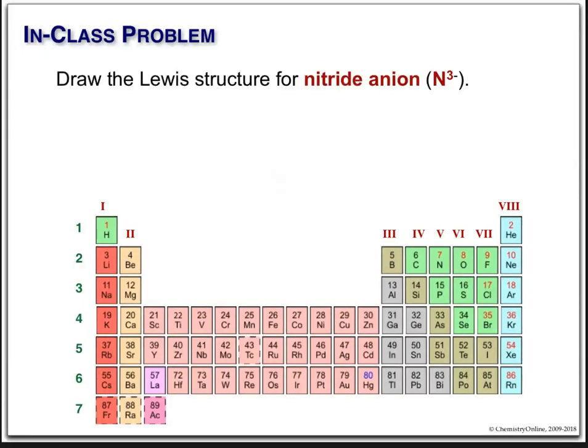Do nitride. First of all, find nitrogen. Right here. This one's in group 5, right? So draw yourself an N and put 5 electrons around it.